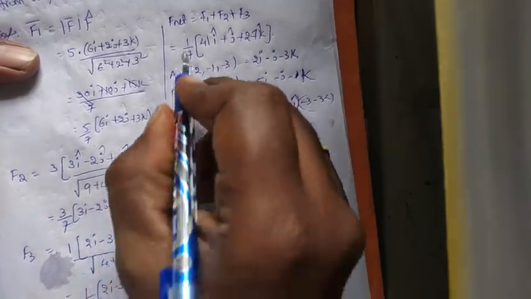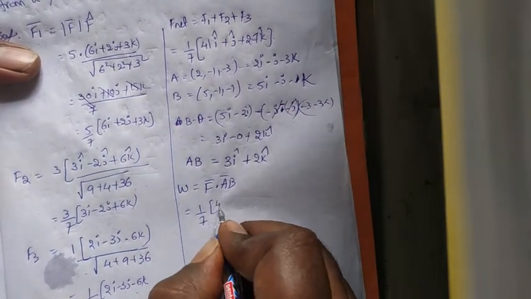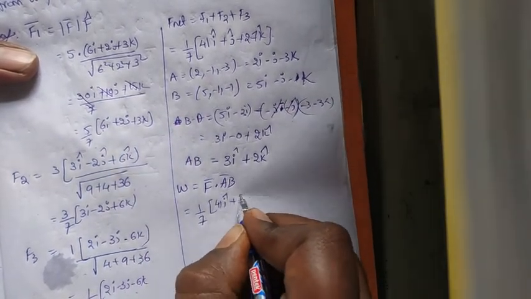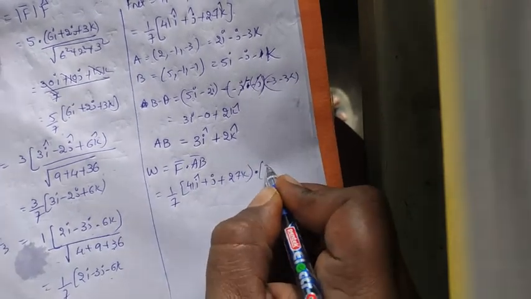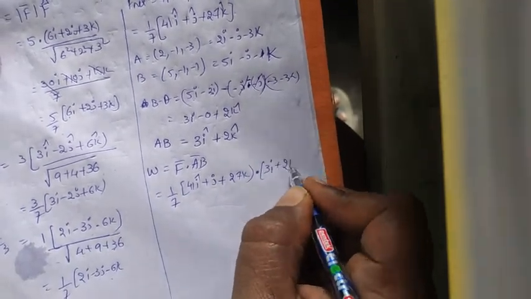So what is the net force here? 1 by 7 of 41i plus j plus 27k dot 3i plus 2k.